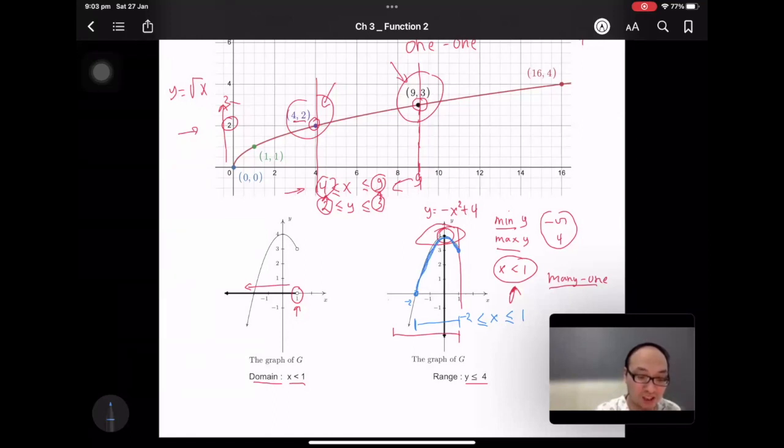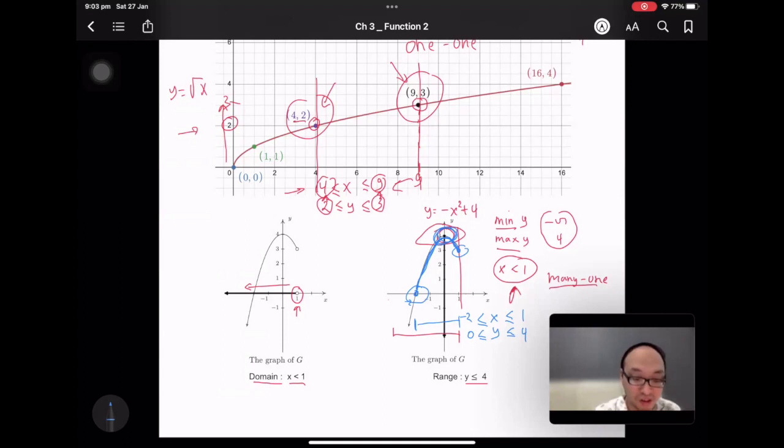And in this domain, we can see that the minimum value of y is 0. And the maximum value here is 4, which is not from the endpoint. So the y is from 0 until 4, not 3.